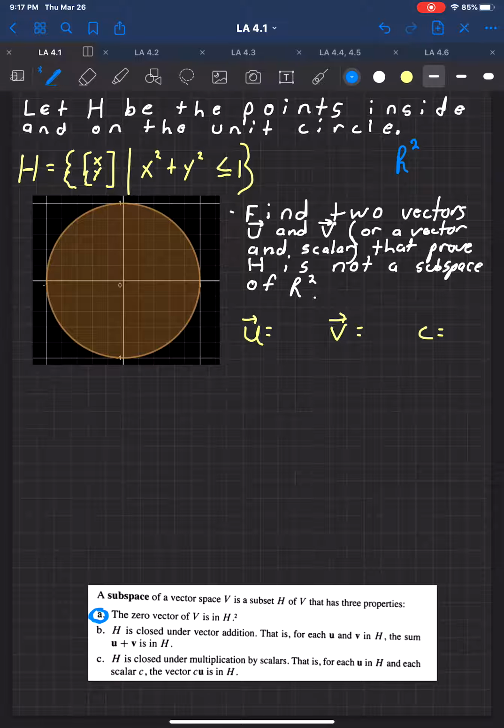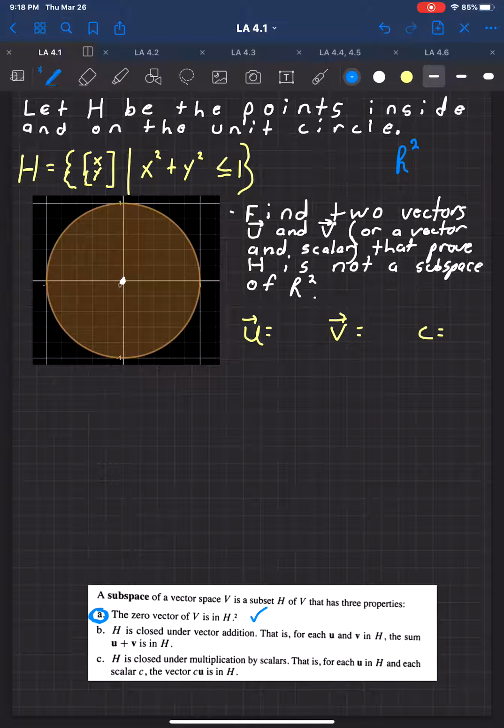Because if the zero vector is not in this highlighted region, then automatically we can say that it's not a subspace. But if you take a look, the origin, the zero vector 0, 0, is in this highlighted region. It does meet the requirements that were mentioned. So all right, so far we don't have anything to show that it's not a subspace. So let's go to the next part.